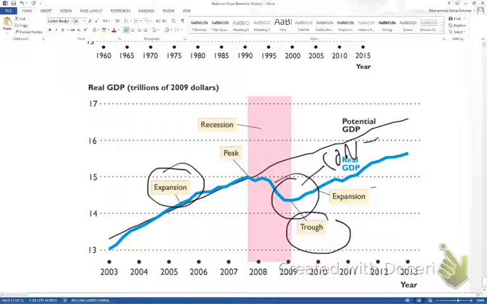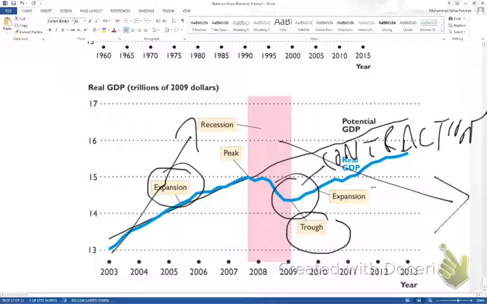This is the contraction, right? So you have two parts of this activity. You have an expansion where GDP is going up. You have a contraction where GDP is going down. Between that, there is something called a peak, where the GDP reaches a maximum, and there is a trough, where the GDP reaches a minimum.